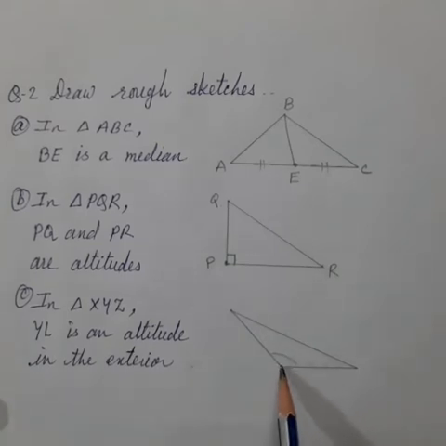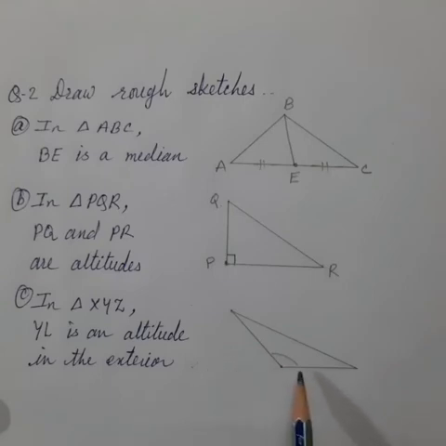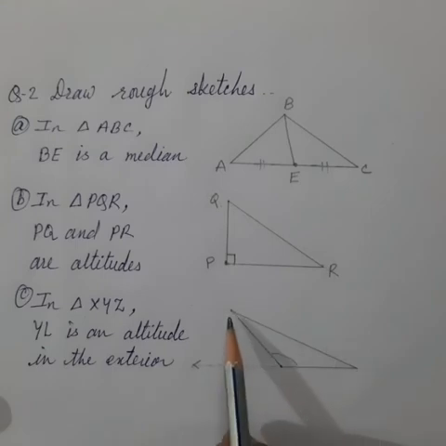If we draw altitude from this vertex, it will be in the interior, but we want altitude in the exterior. If we draw altitude from here, perpendicular line segment on this opposite side, we will get it in the exterior. So extend this side and draw the perpendicular line segment.